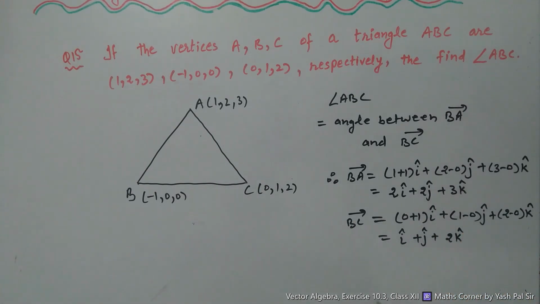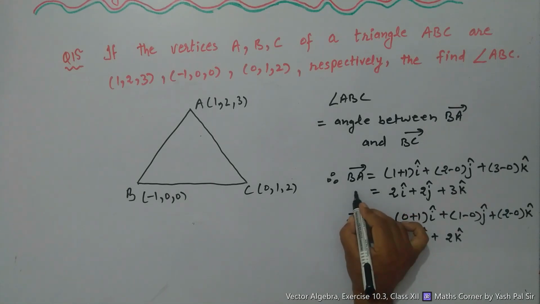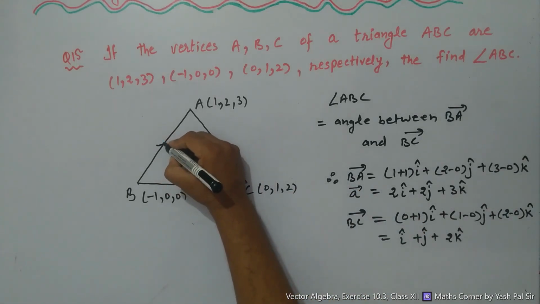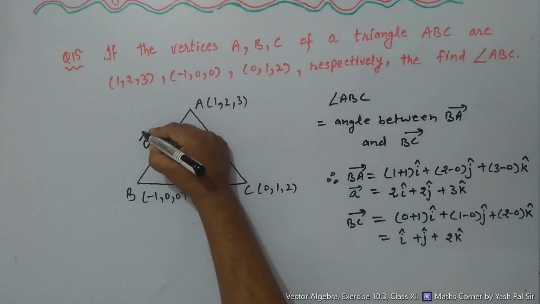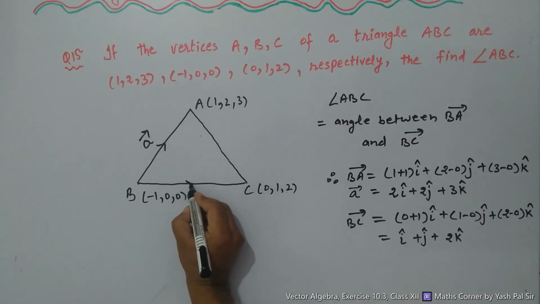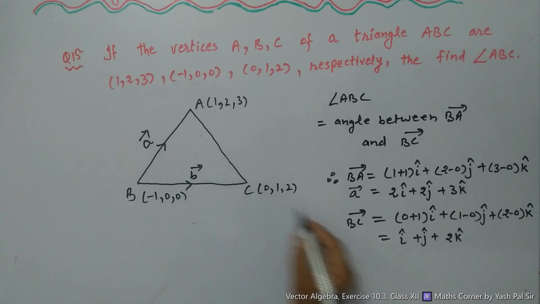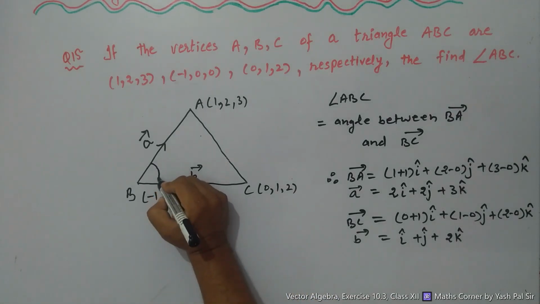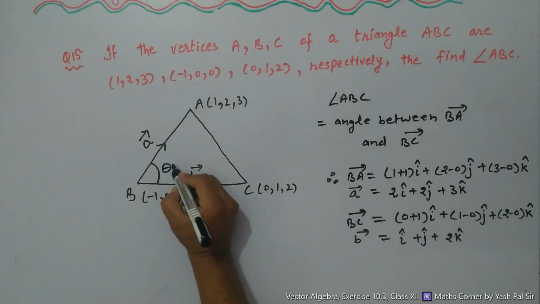In short, we write BA as vector A, and suppose BC is vector B. Now we have to find angle theta between vector A and B.